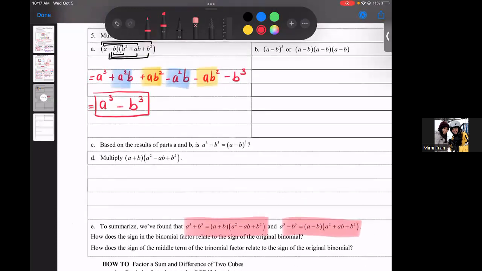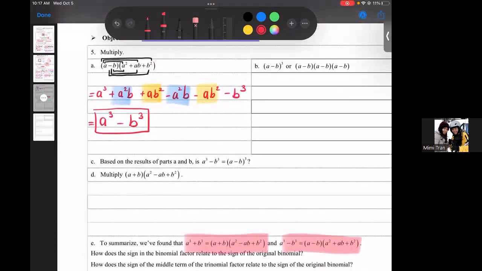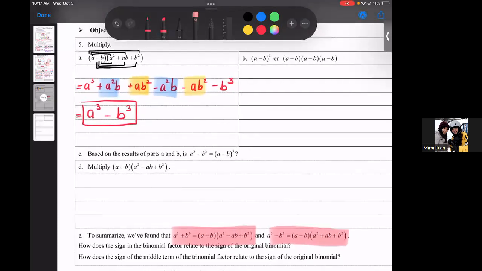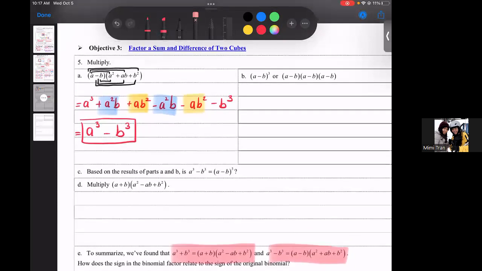Okay, so let's do this. You agree that a cubed minus b cubed equals that, right? Because that's what we came up with by FOILing it. Let's do part B. a minus b quantity squared, quantity cubed.